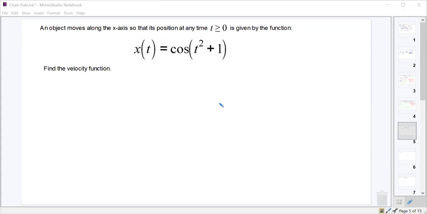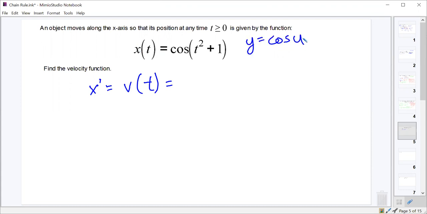We take the derivative of the position function. x prime should be v of t. How are we going to figure that out? We need to use the chain rule, and we're going to write this as our function. We'll just say y equals cosine of u with u equal to t squared plus 1. Everybody good with that?